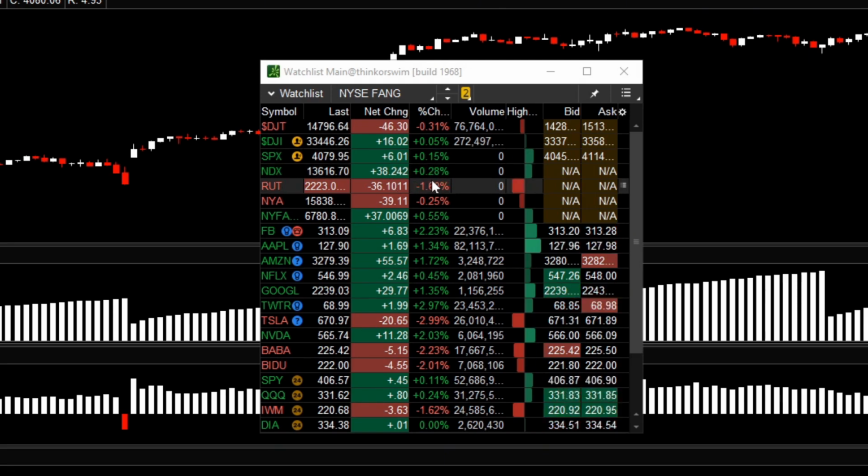The Nasdaq 100 up 0.28%, up 38 points. And the Russell 2000 down 1.6%, minus 36 points. And the New York Stock Exchange Composite also down 0.25%, down 39 points. And here's the New York FANG Index up 0.55%, plus 37 points.